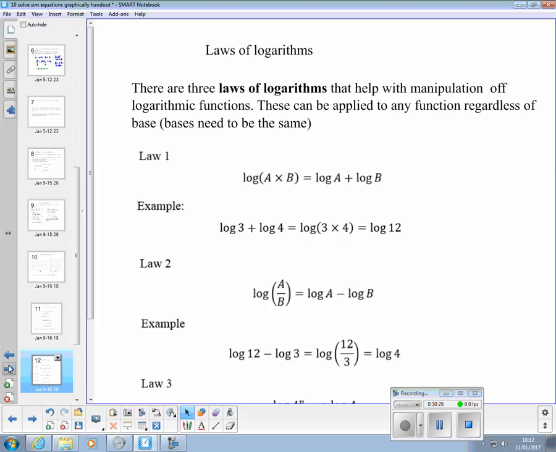Believe me or not, do the log of 2 plus log of 6, and then do 10 to the power of the answer. And what should you get?